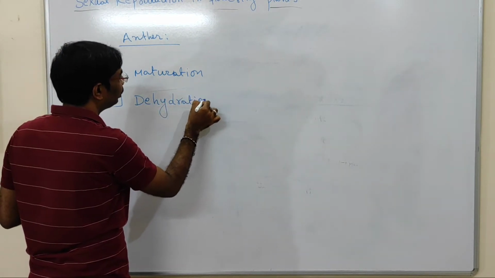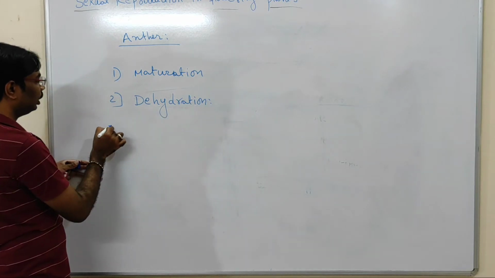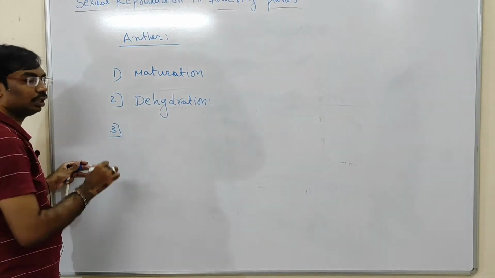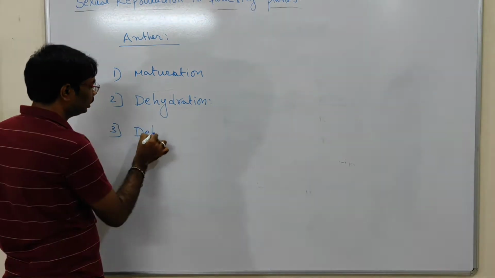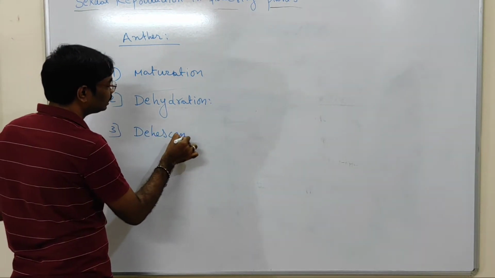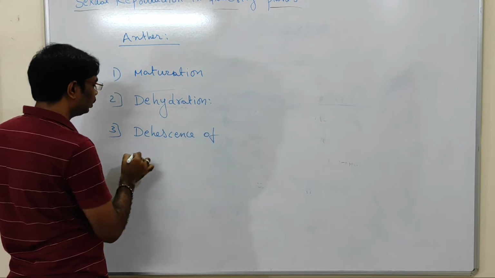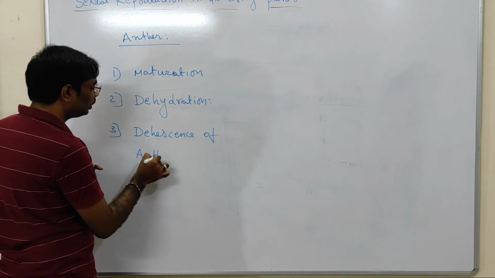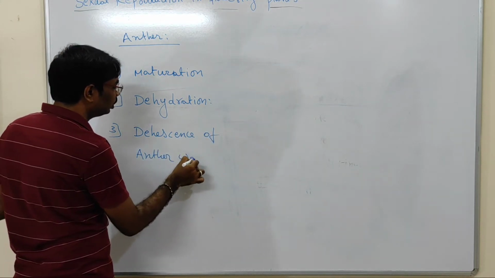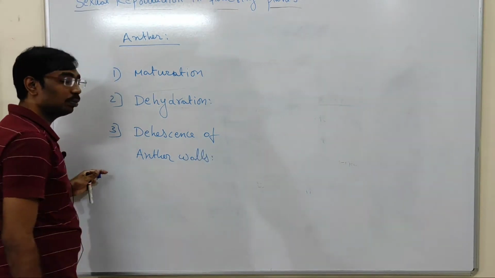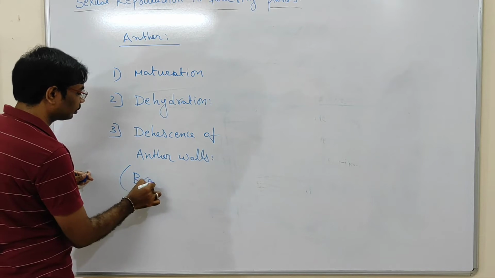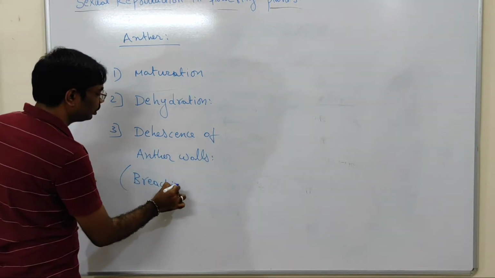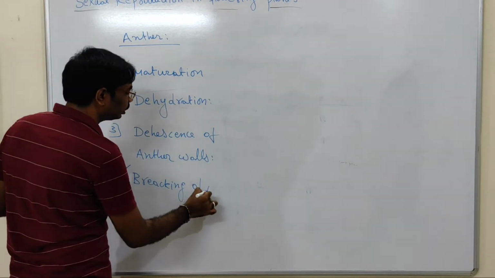After the anther matures and dehydrates, it finally leads to dehiscence of the anther walls. What is the meaning of dehiscence of anther walls? It means breaking of the anther walls.